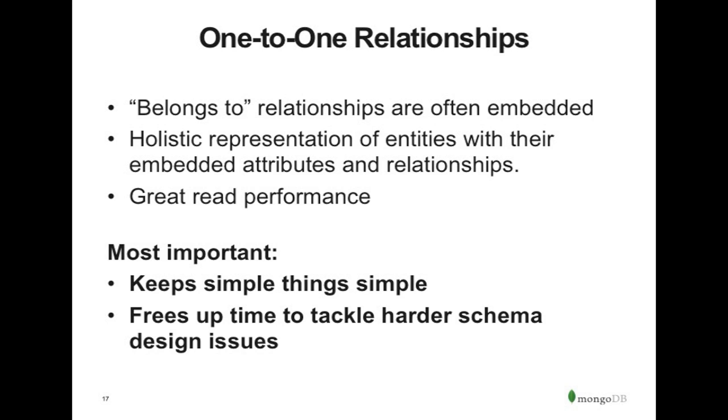So in summary, one-to-one relationships. There's a lot of belongs-to relationships that are out there, and these are often embedded. Clearly, you're going to get great read performance out of this because one query hits against a set of bytes that are stored, and it's going to be vended back without a great deal of effort on the part of the database engine itself. But perhaps in a more subtle way, what's more important is that simple things are kept simple.